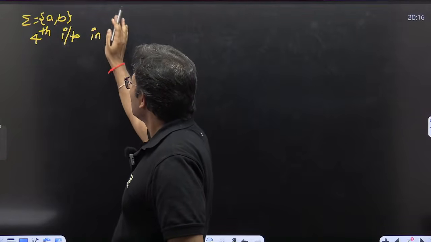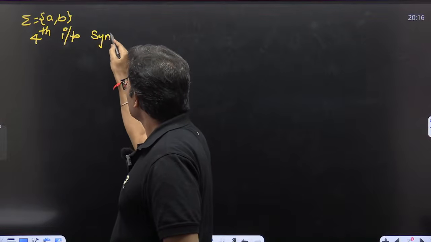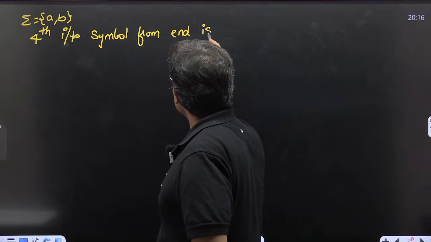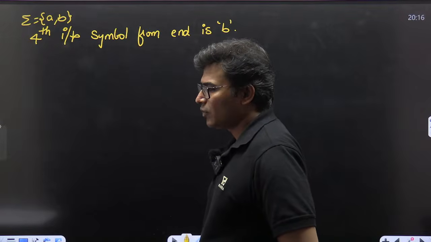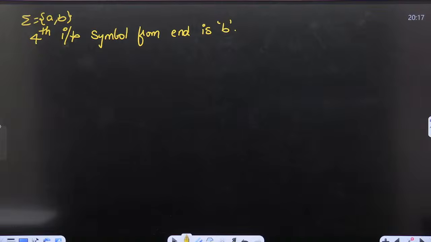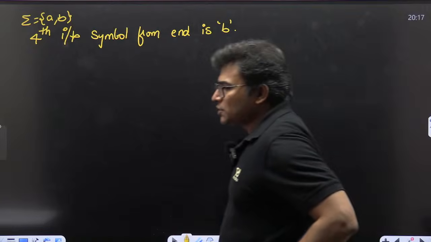The fourth input symbol from the end is b.